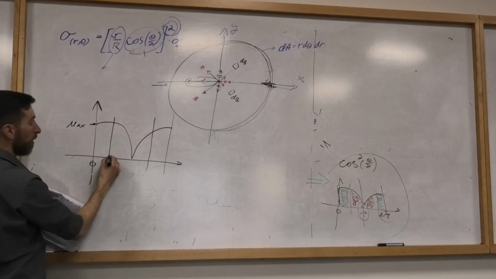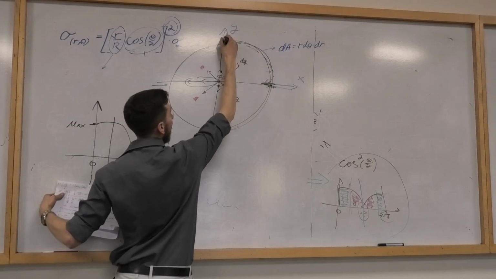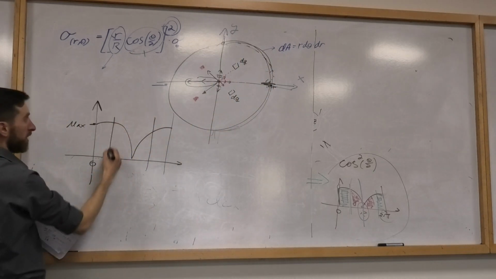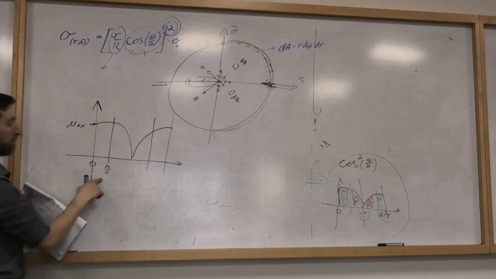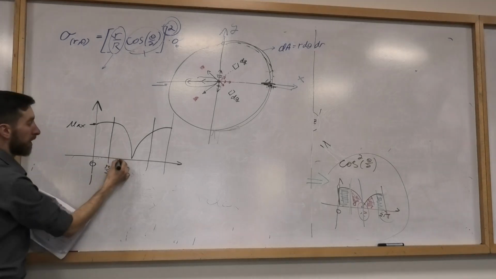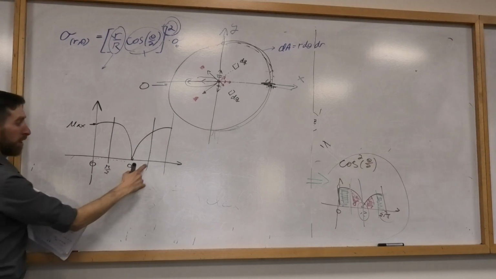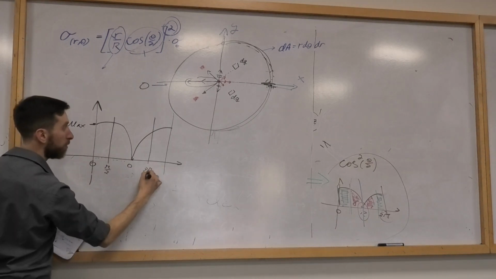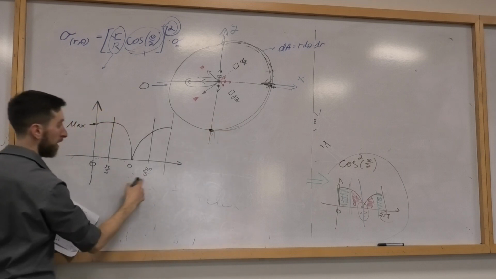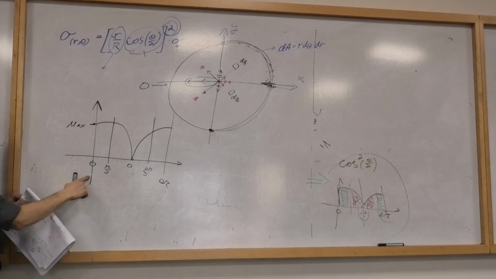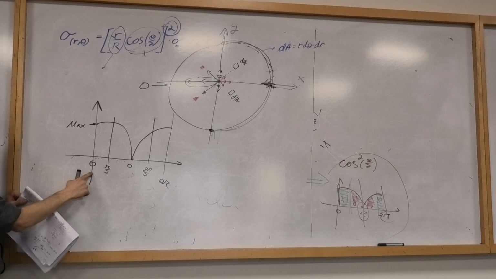And then I'm going along, I get to this point, which is pi over 2. I'm going along and I get to here. This is 0, and here, 3 pi over 2, which is this place. And here it's again a repeat of what I was.